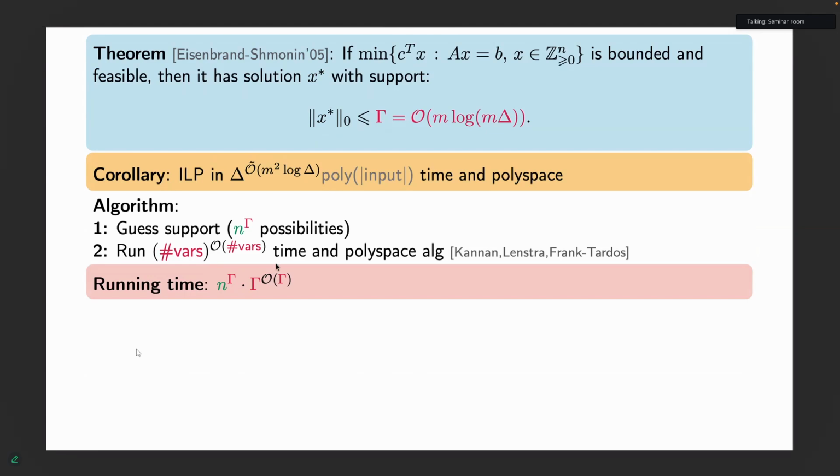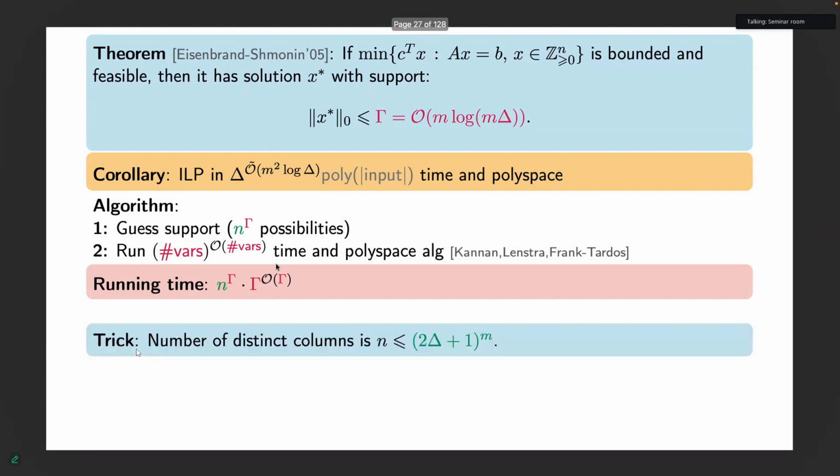Kannan-Lenstra runs in time number of variables to the number of variables, so that's the running time. And the number of distinct columns in your ILP is bounded by (2 delta plus 1) to the m. If there are two columns that are the same, then we can merge them because this is an unbounded ILP. So you can assume that gamma to the gamma is much smaller than n to the gamma, and the running time is this.